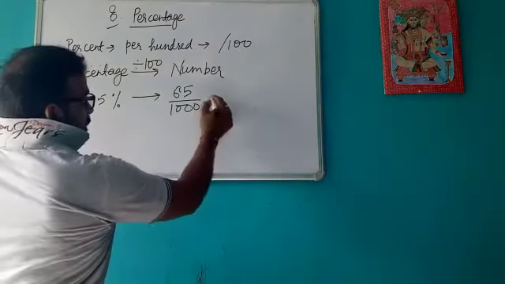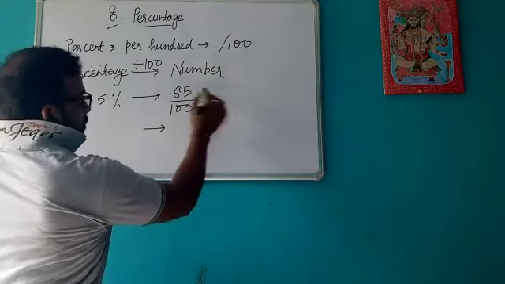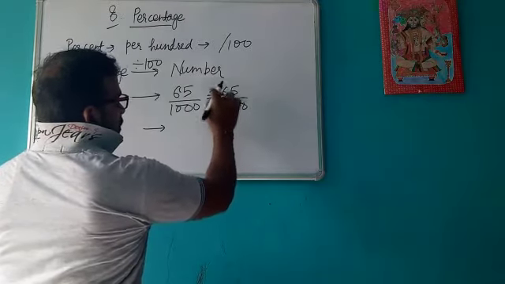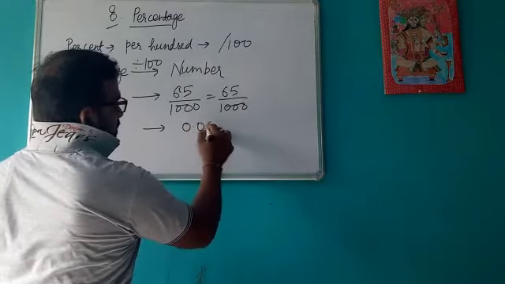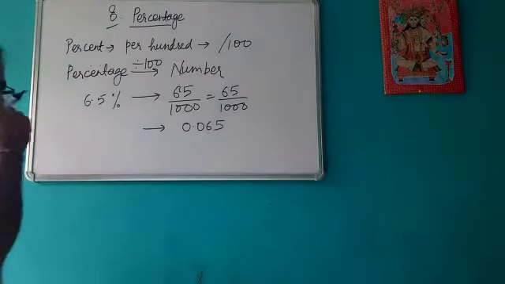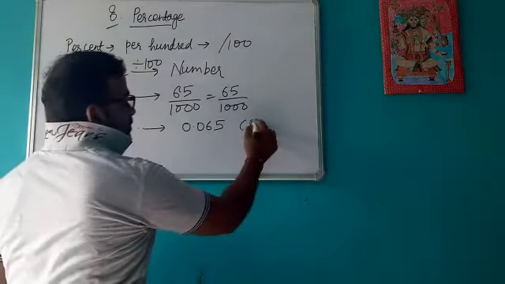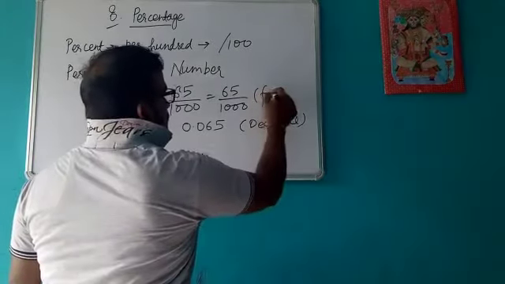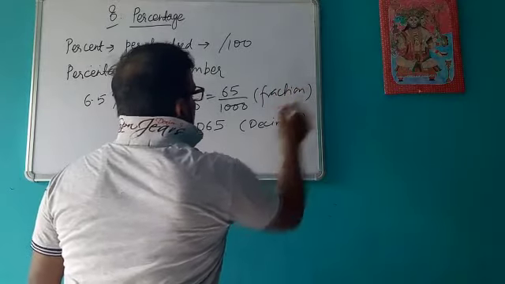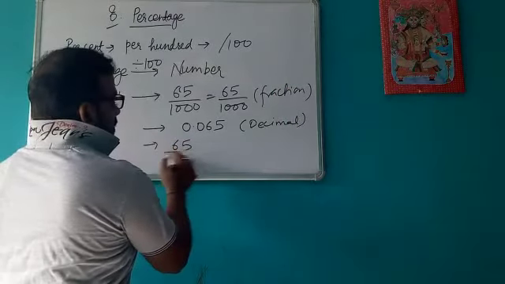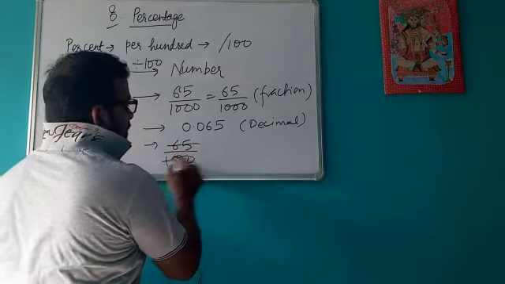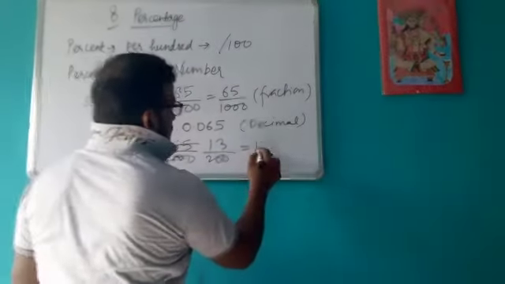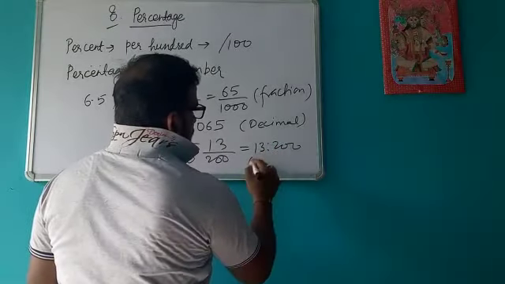If I wish to convert it into a decimal, I will just move the decimal point 1, 2, 3, so here I will put 0.065, and it is converted into a decimal. Similarly, for a ratio I will do a little bit of simplification and it is converted into a ratio.